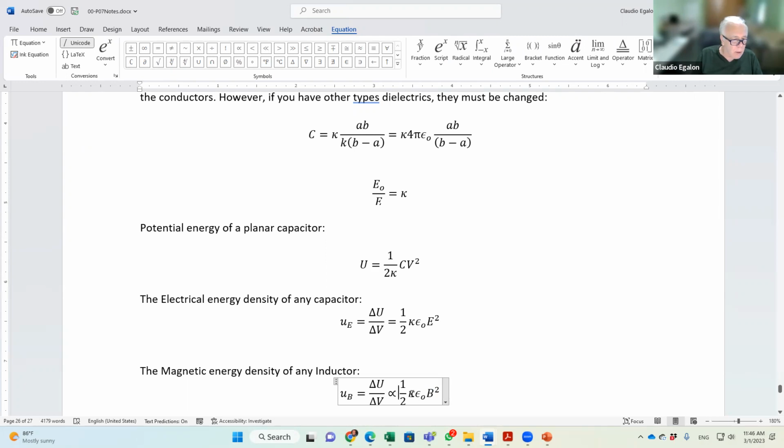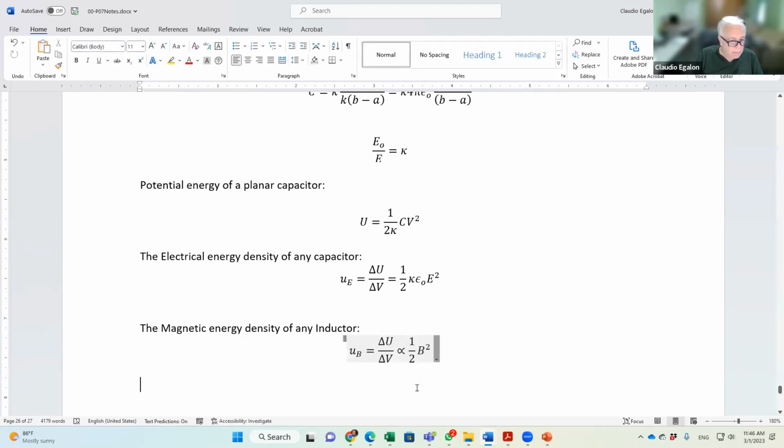It's going to be not epsilon naught, but mu naught. You can see that it's really interesting that even though we have two different phenomena, their equations for the energy density are proportional to the square of the field.